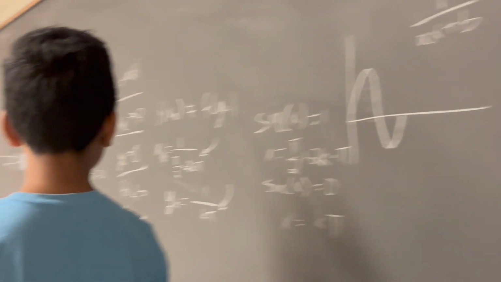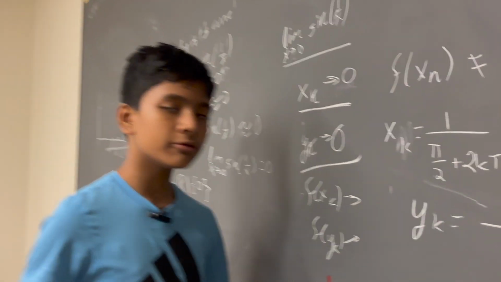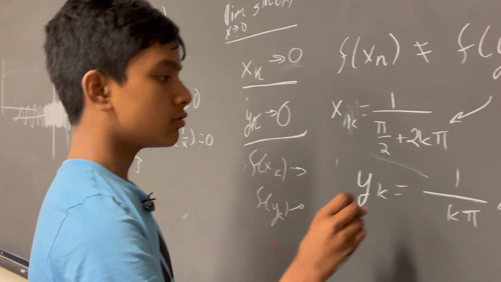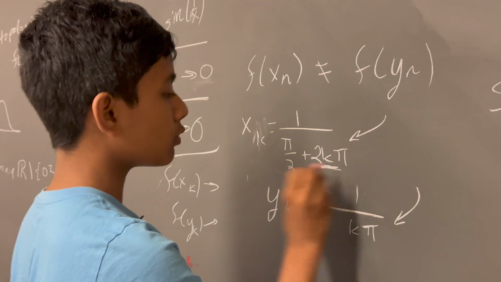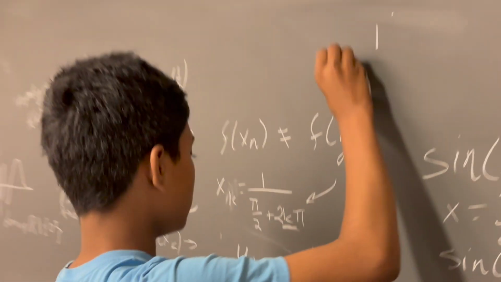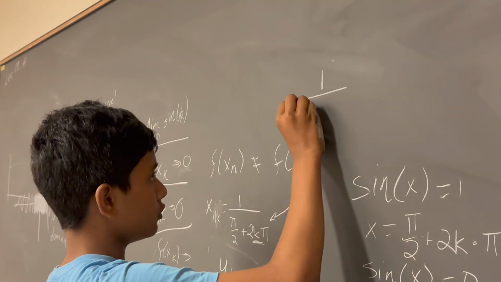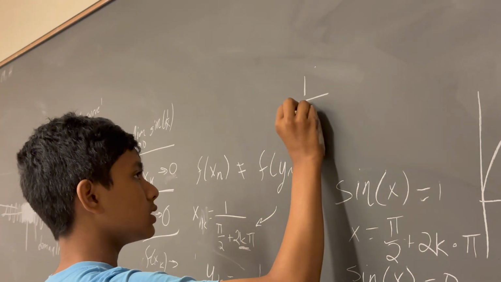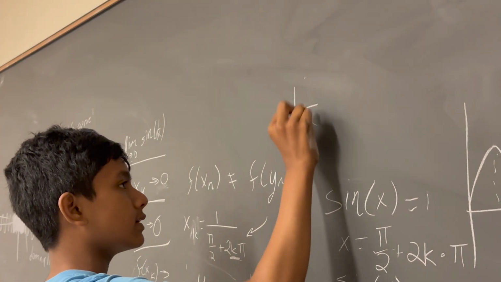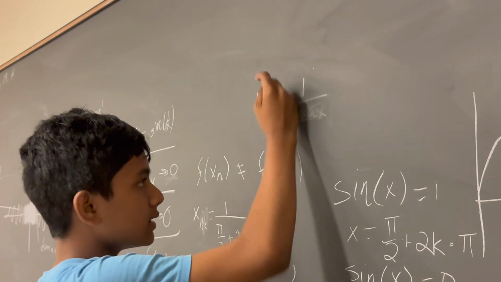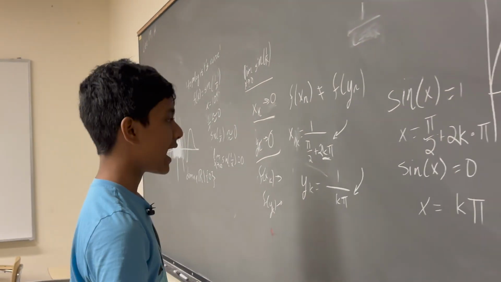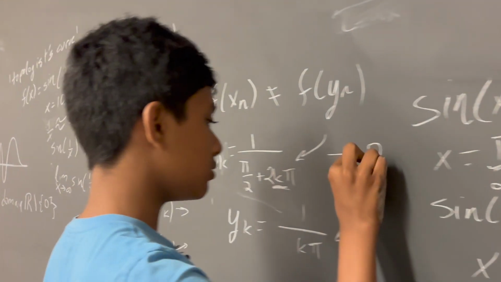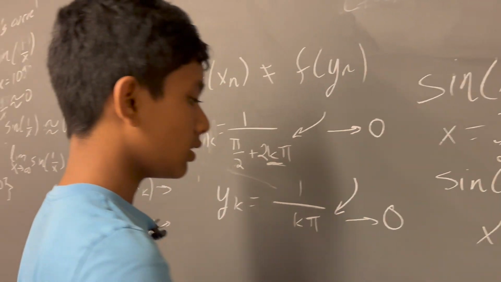So, what do we do in this case? Well, this is just another one of these types. We've got 1 over pi over 2 as our constant, plus 2 pi as our coefficient, times k. This is just the exact same thing rehashed. This approaches 0, and this approaches 0. Why?